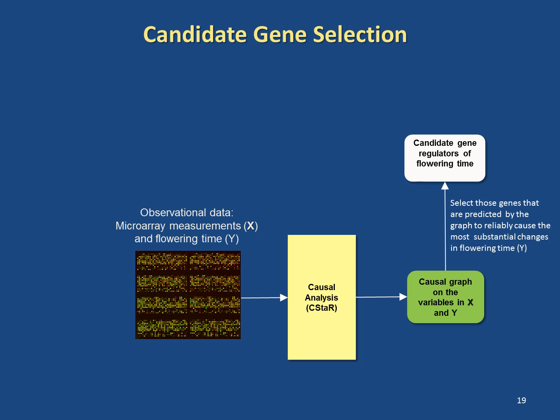What they were trying to do was find the genes that were driving flowering time. So they selected the genes predicted by the graph output by their algorithm that reliably caused the most substantial changes in flowering time. Those then became candidate gene regulators of flowering time, and they followed up with some experiments I'll talk about.